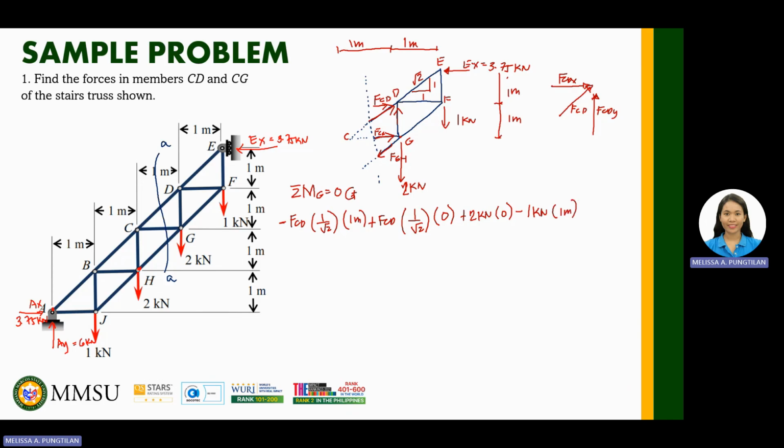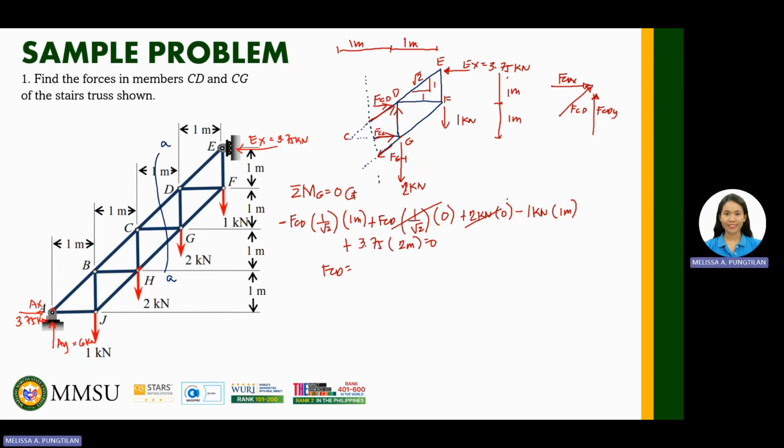And then yung ating EX, counterclockwise. So, plus 3.75 multiplied by 2 meters is equal to 0. Therefore, FCD is equal to, cancel out yan, cancel out. 1 divided by square root of 2 minus 1 plus 3.75 by 2.